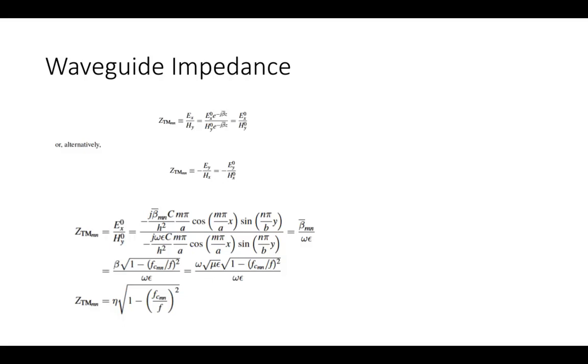So in looking at a TM mode, we take the x component of the electric field and the y component of the magnetic field and divide, or conversely, negative y of the electric field over x of the magnetic field. Either one will work. When you plug in the electric and magnetic fields from the solutions of Maxwell's equations, you can get the following expression for the impedance. It's basically the impedance of the material times this waveguide factor.